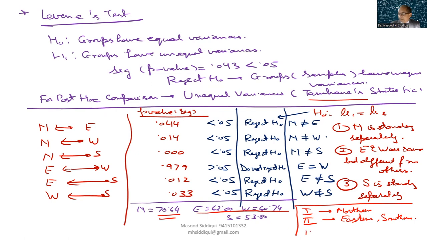Sorry, at the second position, we have eastern and western. And at the third position, since southern is standing separately and it is having the lowest value, at the third position, this is known as southern.